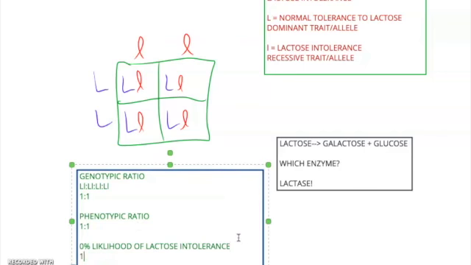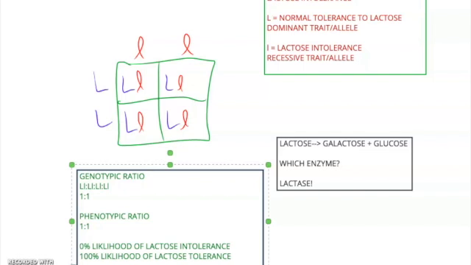Okay, but there's a 100% likelihood of lactose tolerance, which they inherited from their father. And they all have heterozygous genotypes. Okay, 100% likelihood of heterozygous genotypes.